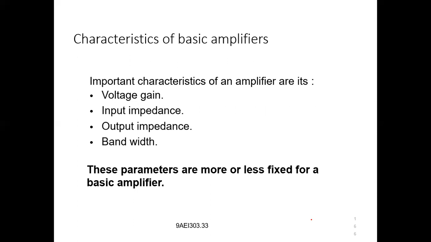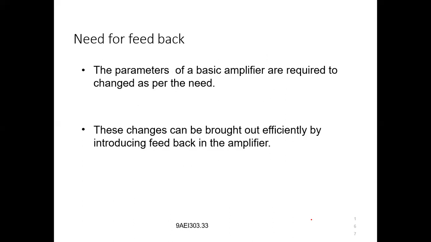The important characteristics of an amplifier are voltage gain, input impedance, output impedance, and bandwidth. When designing amplifiers, we have to consider these parameters. For a good amplifier, the voltage gain will be very high, input impedance very high, output impedance very low, and maximum bandwidth that you have to fix for the amplifier.